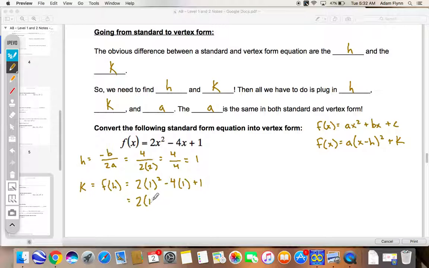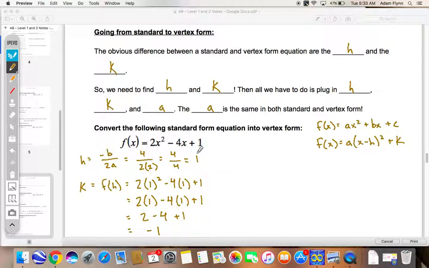So I have 2 times 1 minus 4 times 1 plus 1. So 2 times 1 is 2, minus 4, plus 1. So 2 minus 4 is negative 2, plus 1 is negative 1.